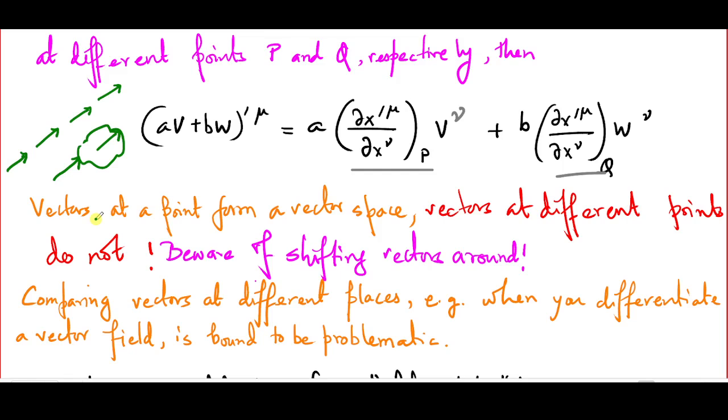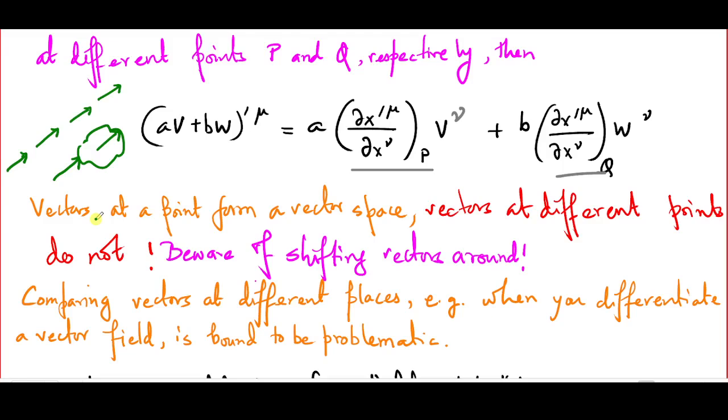Now, we will have a lot more to say about this, how to transport a vector from one point to another, and hence how to compare two vectors at two different places, later on. After all, differentiating a vector field is a very important operation in physics, and we want to be able to do it. But for that, we will need a lot more structure. We will, of course, discuss this in a later lecture in some detail.